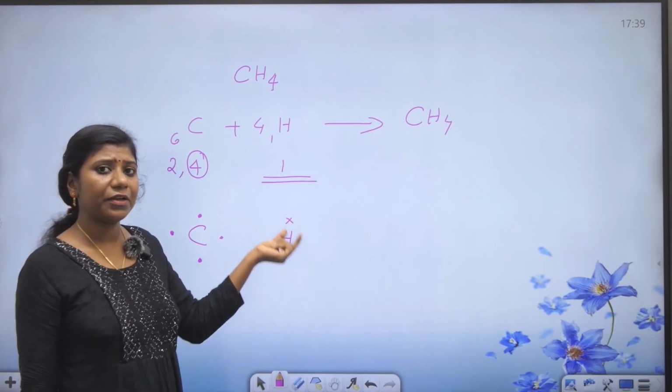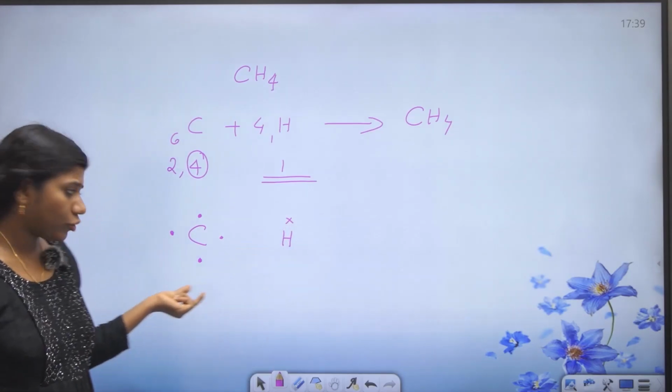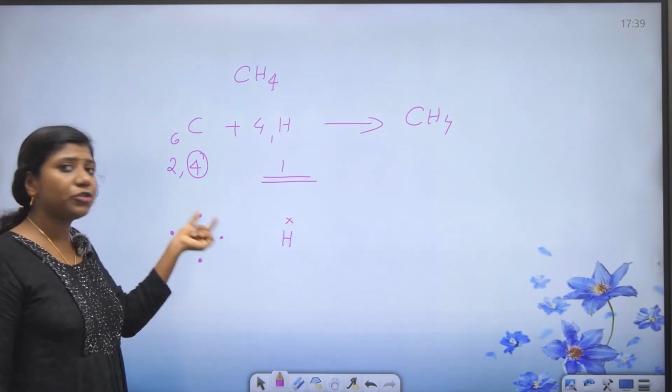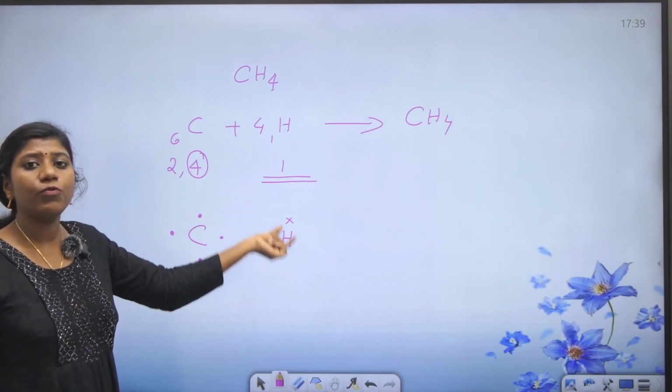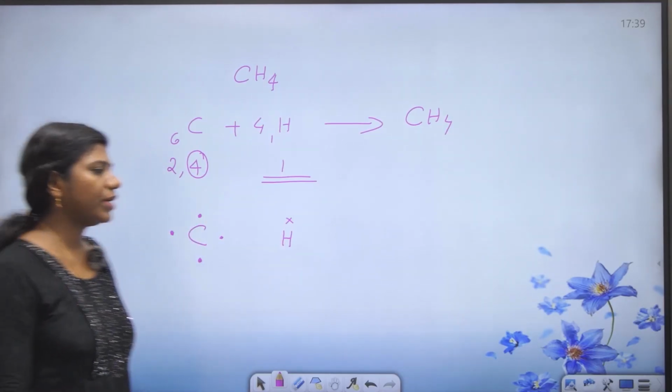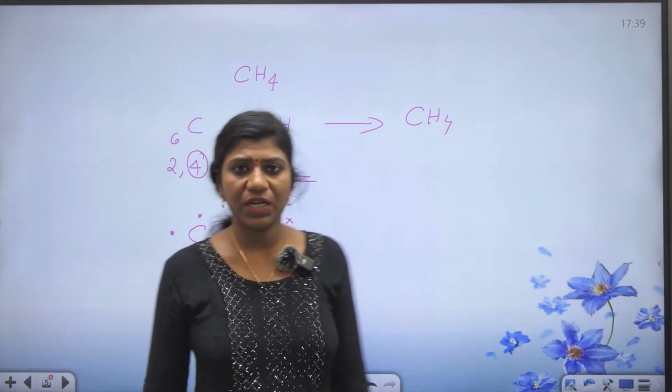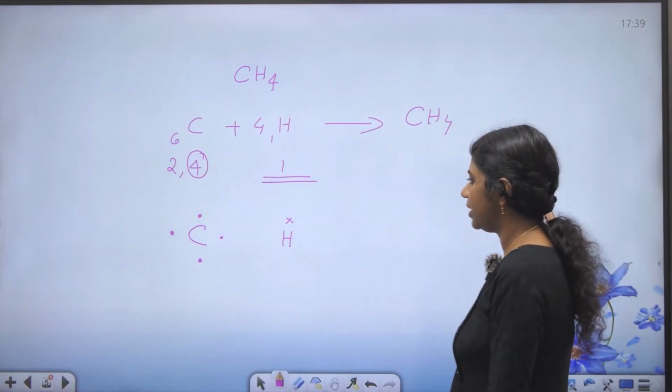Here carbon requires 4 more electrons. That means carbon combines with 4 hydrogen atoms to form the methane molecule, CH4.